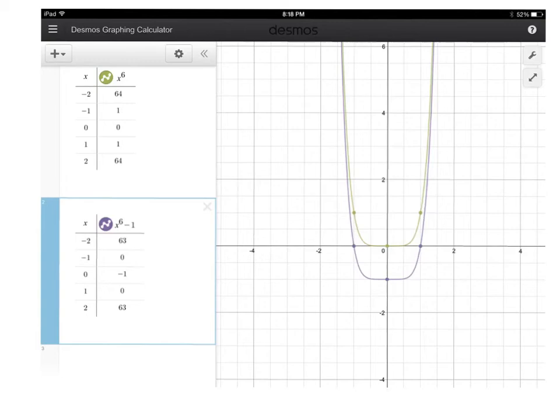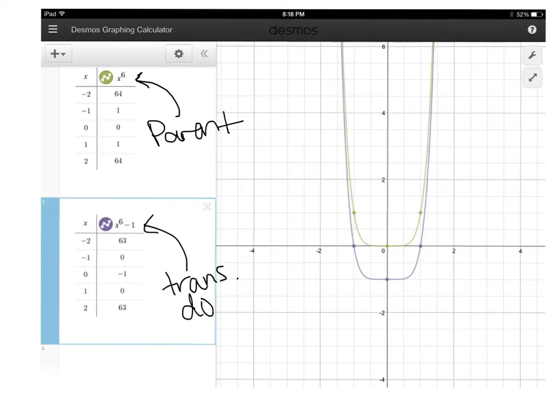Here, x to the 6 minus 1, which is the function we are given, is transformed. We said it was translated down 1 unit. This minus 1 shifts the graph down 1 unit.